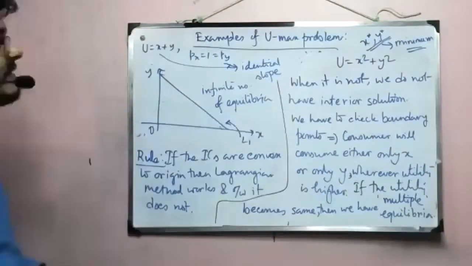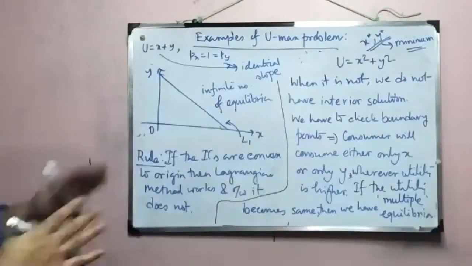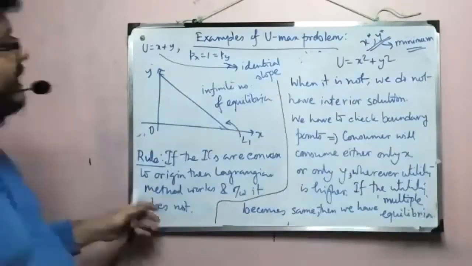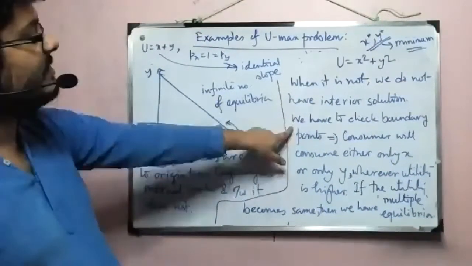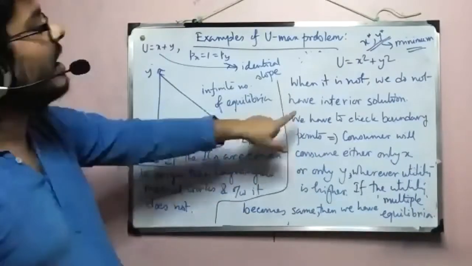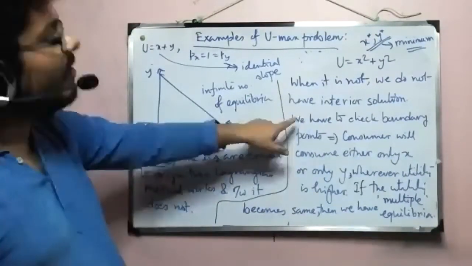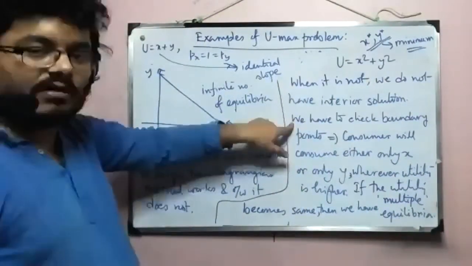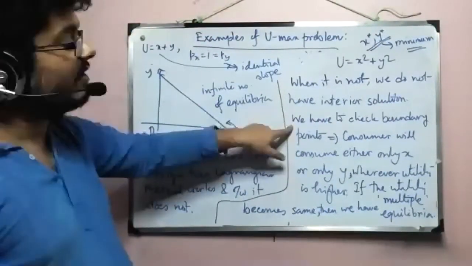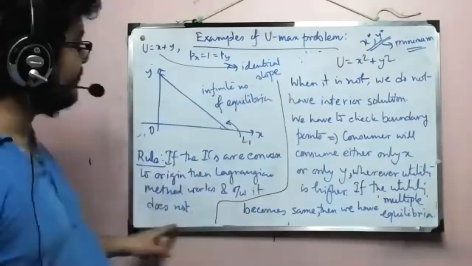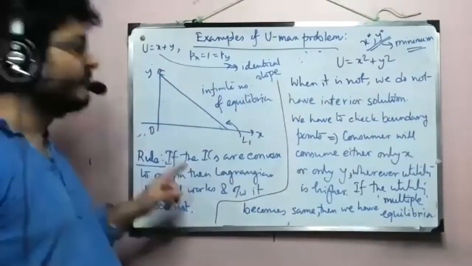In that case, obviously the demand function becomes very different, but we are not interested in all of that. What we're interested in is that this is how we solve for ICs which are not strictly convex to the origin. We do not apply the Lagrangian method because it doesn't work here.